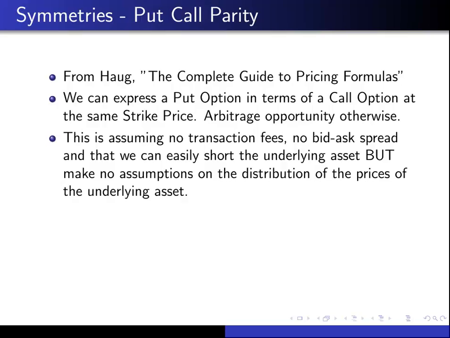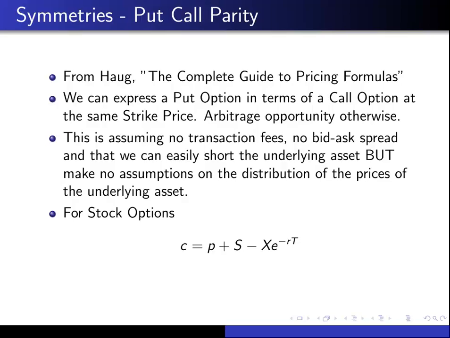So this kind of assumes that the market is operating properly. And as long as that's going on, there's going to be arbitrage unless the call and put option are related in this way. So it's kind of a market symmetry.